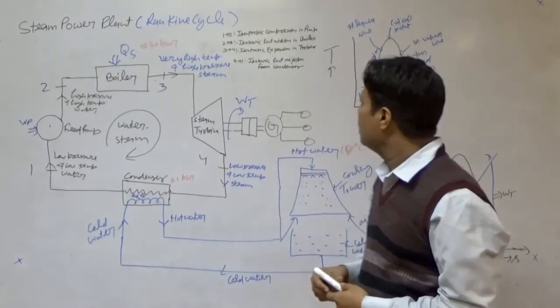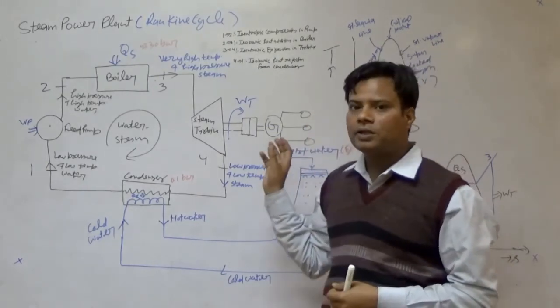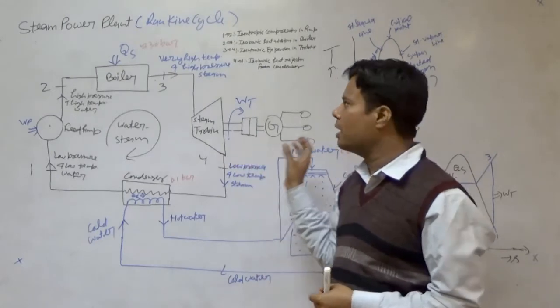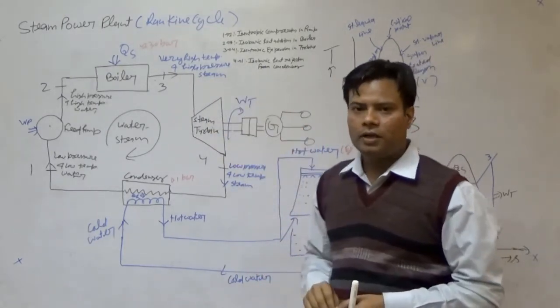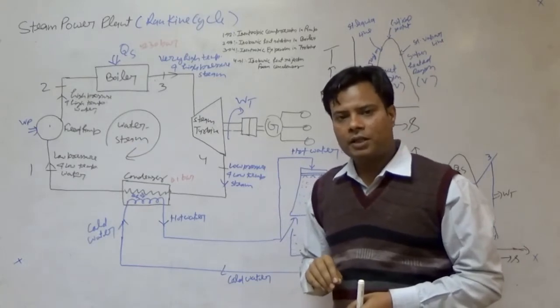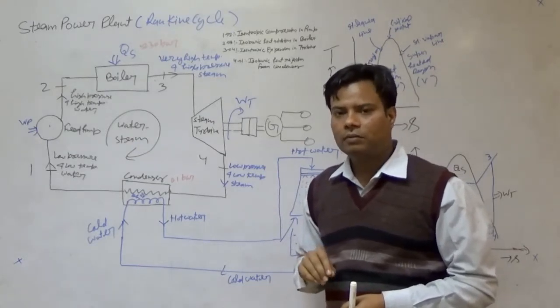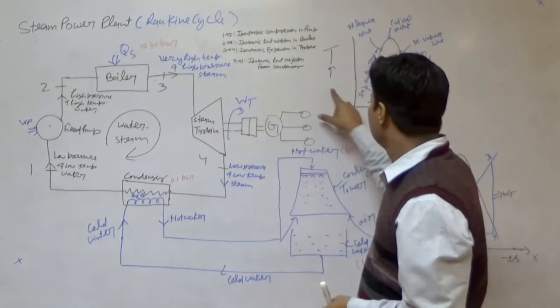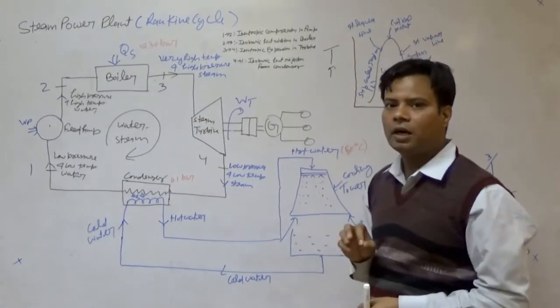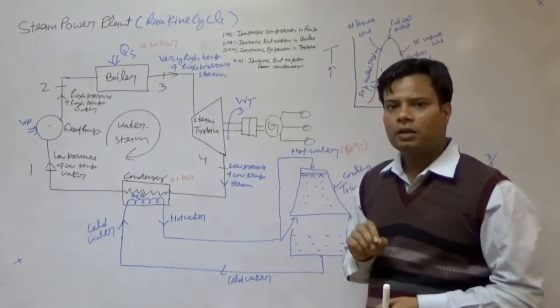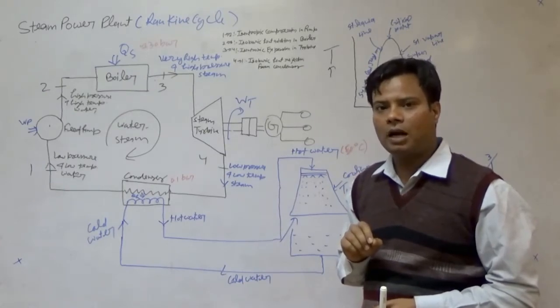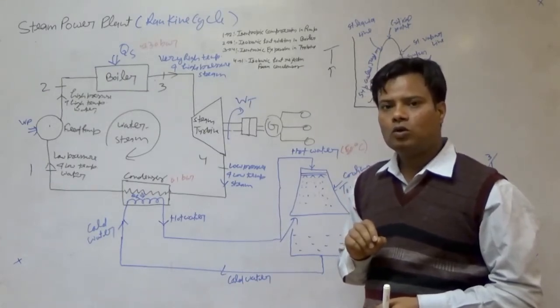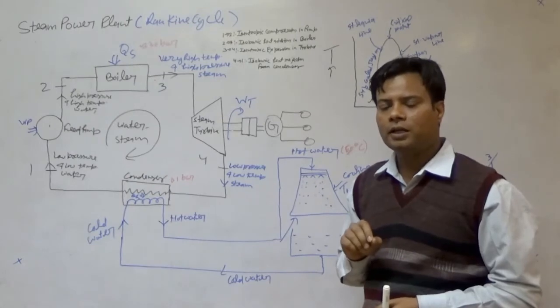Now we are drawing a temperature-specific entropy diagram of this steam power plant. We are saying TS diagram. Why are we using these two? Because according to the state postulate, we can draw a thermodynamic process graph between two intensive properties.